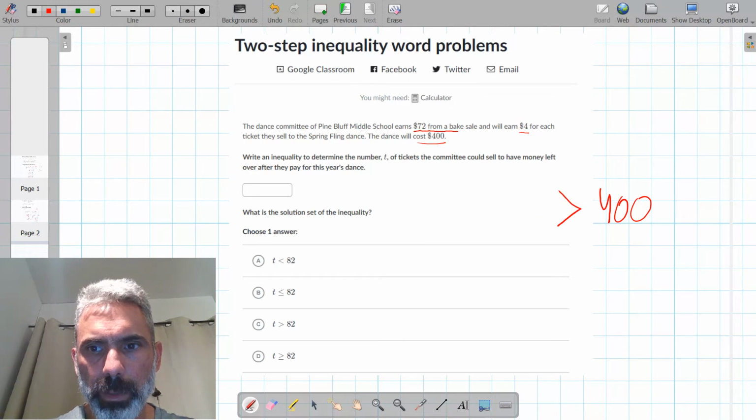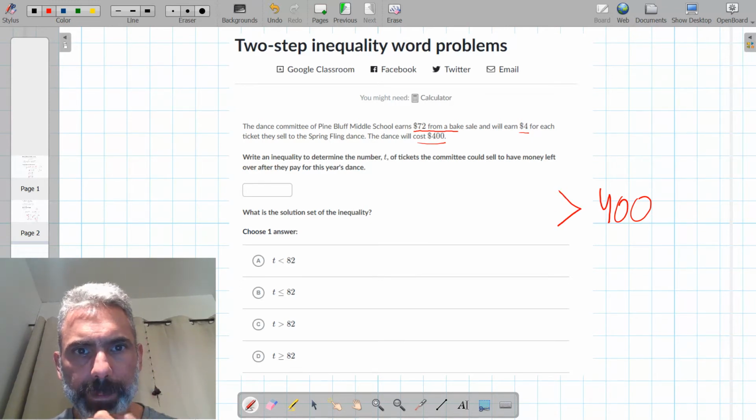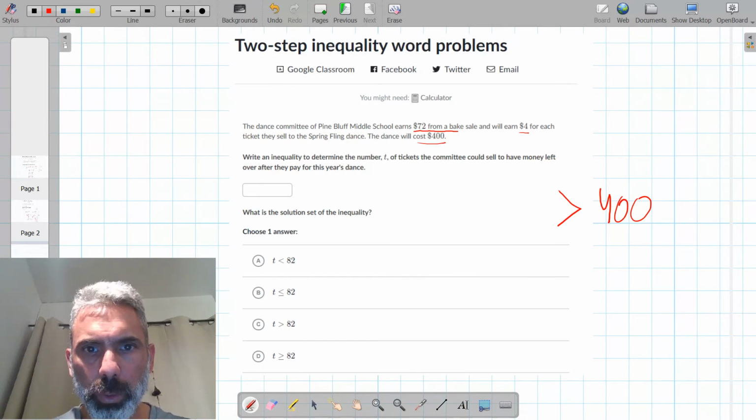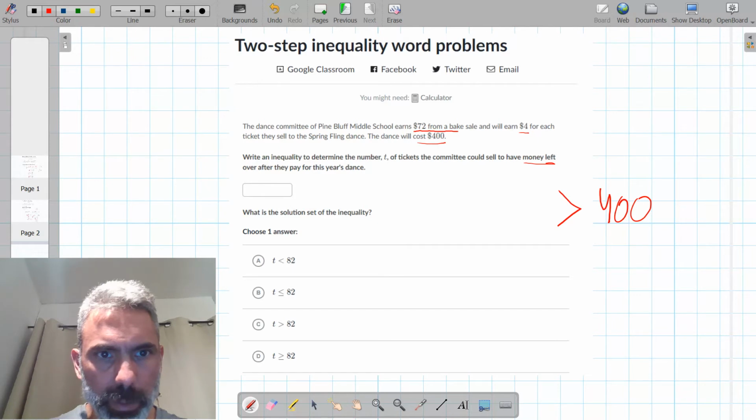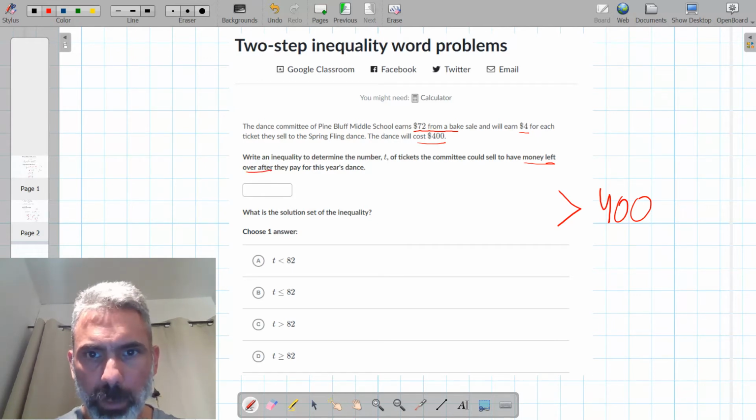And the number of dollars that they earn should be greater than $400, because they need money left over. So the money they make needs to be greater than $400, which is what the dance costs.